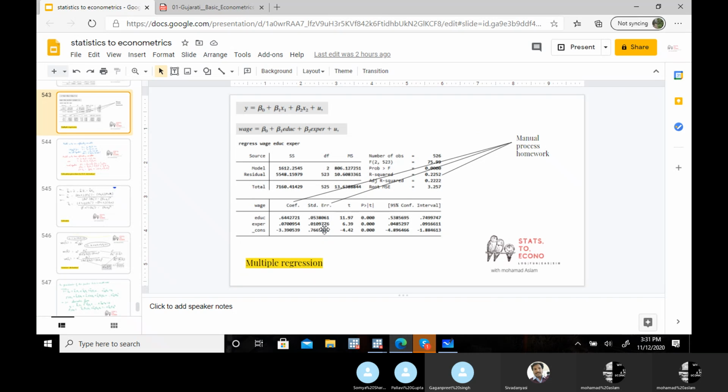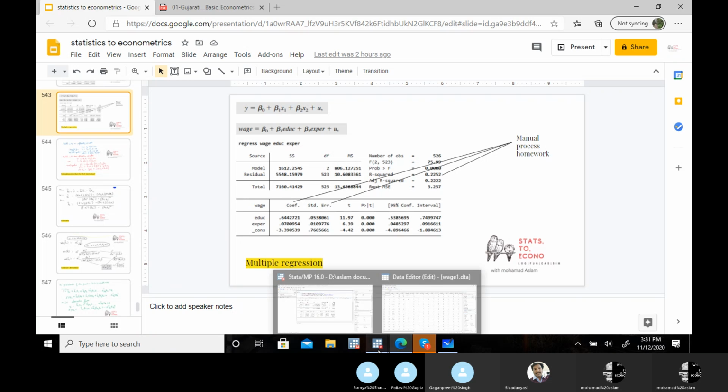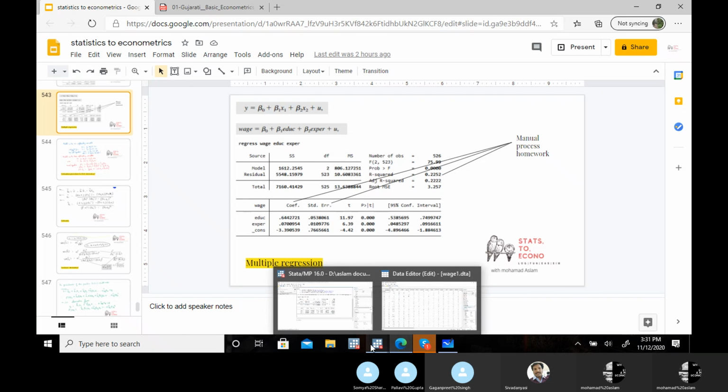So first you have to calculate the variances. For variances, you need sigma square. Sigma square comes from summation u hat square. It means first you have to calculate u hat for all these values. If you do it in Stata, it's quite easy.